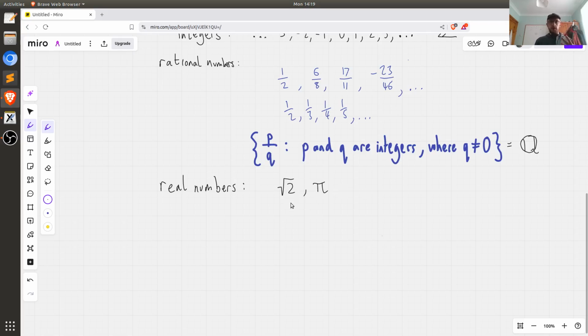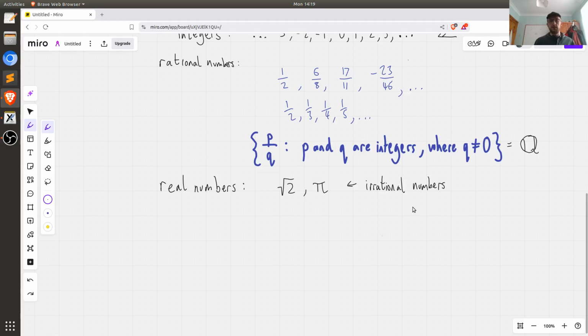These are just 2 examples. There's infinitely many irrational numbers. And what that means is you can never, ever, no matter how hard you look, find a rational number, a pair of integers, one divided by the other, which is exactly equal to the square root of 2.